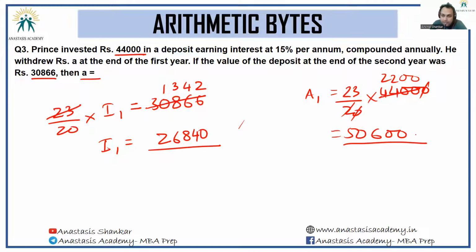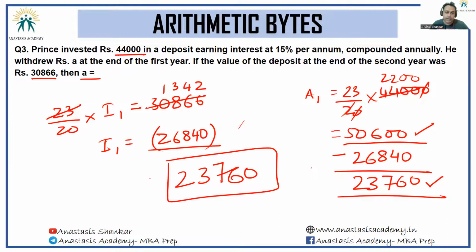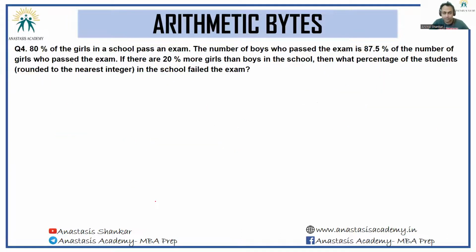He should have had an amount equal to 50600, but he had only 26840 which was earning interest, which means the difference between them was the amount that was withdrawn. So 50600 minus 26840, this is what we are seeking. That is 23,760. This amount Prince had withdrawn, which will be the answer here.